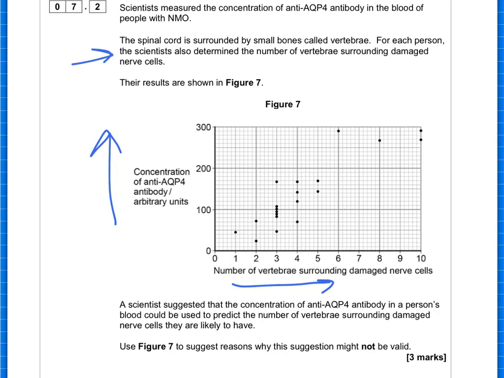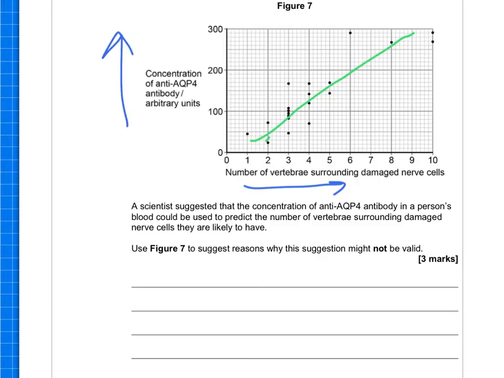Now, you can see quite a weak correlation, but there's definitely some form of correlation there, with quite a few outliers. But you can see generally as the number of vertebrae surrounding the damaged nerve cells increases, so does the concentration of anti-AQP4 antibody. However, that's not the question they're going to ask for this one anyway.